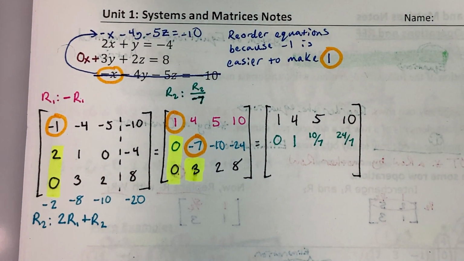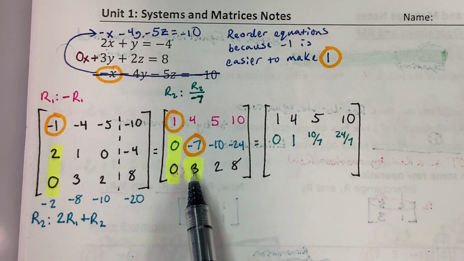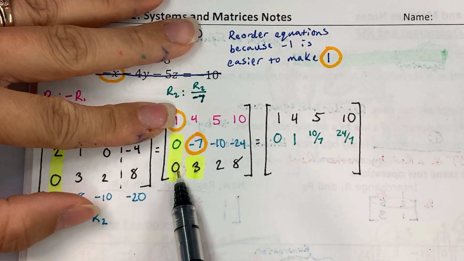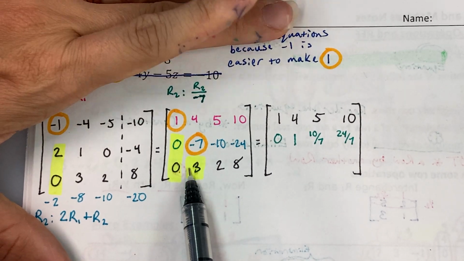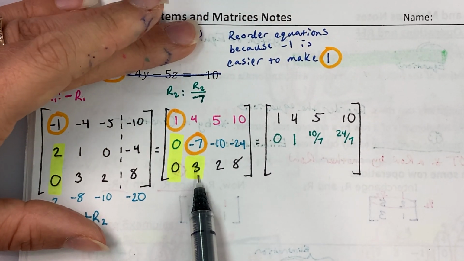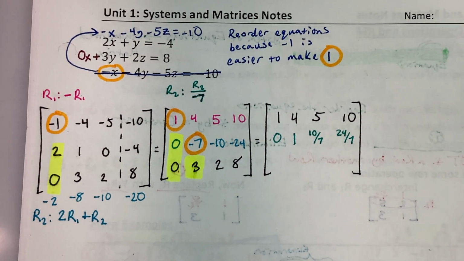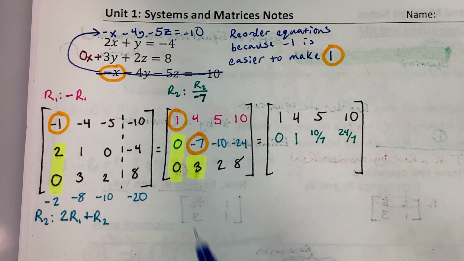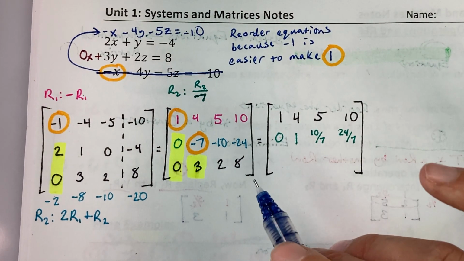And now let's talk about row 3. Now we need this to be a 0. Row 1, if we did anything to that, would interfere with that initial 0. So I have to somehow use these 2 rows to get that to be a 0. So what I would do, and again, think about if this was -7y and 3y, we can multiply these rows by the opposite one's coefficients and then add them together.